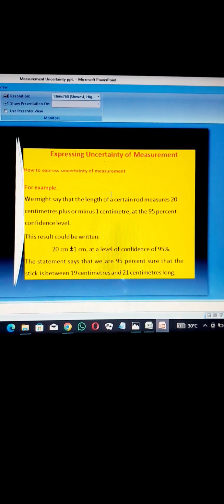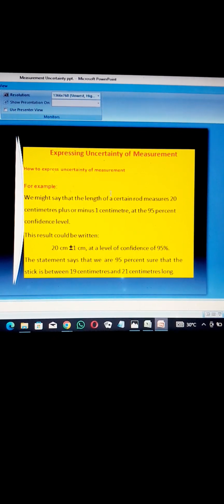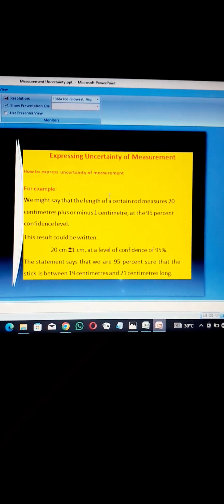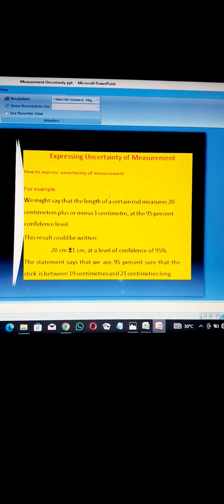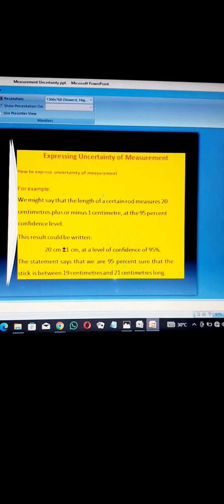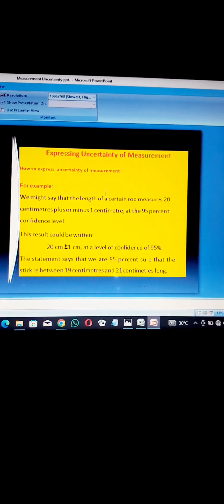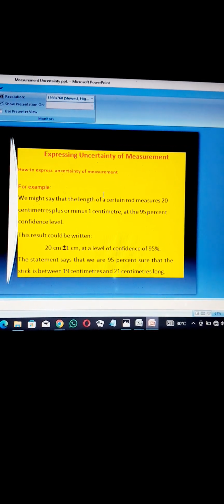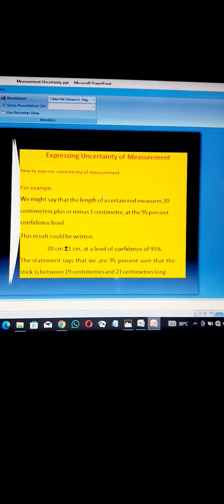Then, how do you express uncertainty of measurement? For example, if we say that the length of a certain rod measures 20 centimeter plus or minus 1 centimeter at the 95% confidence level, then the result could be written as 20 centimeter plus minus 1 centimeter at a level of confidence of 95%.